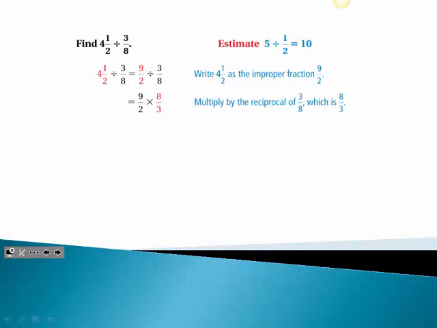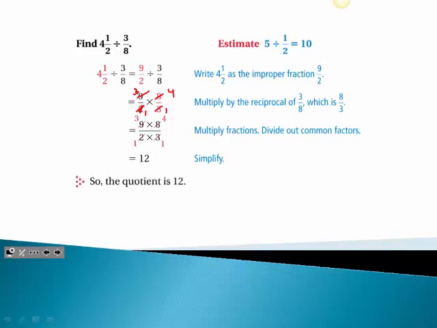Keep the first fraction, change to multiplication, flip the second fraction. We can now simplify diagonally: 1 and 3, 1 and 4. So then we get 3/1 and 4/1, which is just 12, because 3 times 4 is 12, 1 times 1 is 1, 12/1 is 12.